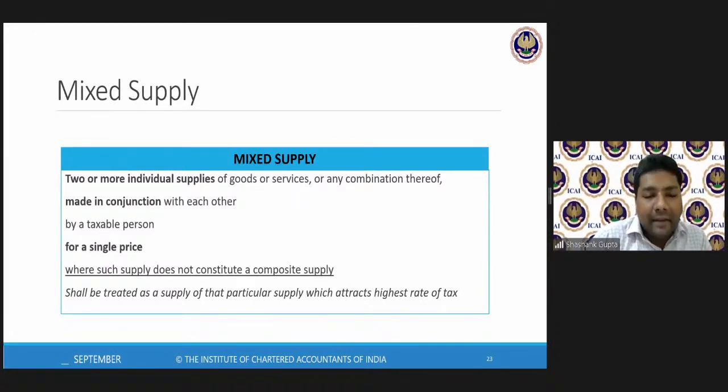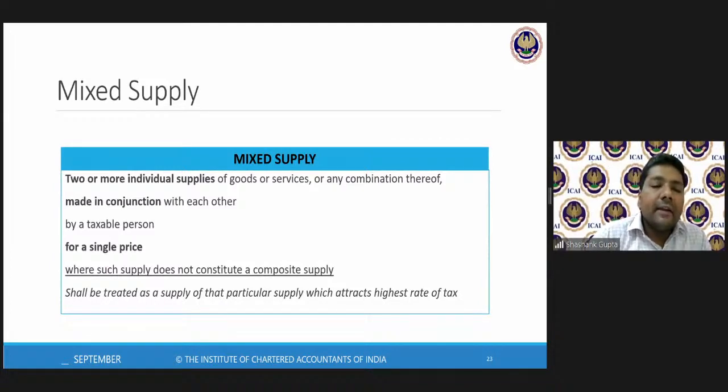Now, what is the definition of the term mixed supply? Two or more individual supplies of goods or services or any combination thereof. Till here, the first line is the same as it was in composite supply.